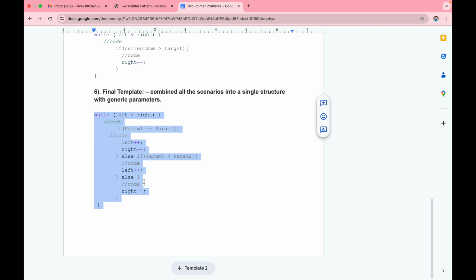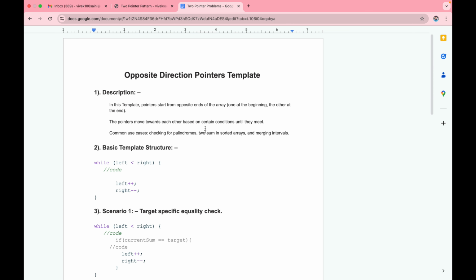We will just copy this structure from here and directly put it in our problem solving editor, and then we will modify it according to the requirement of our problem, and in that case we will be able to achieve our target. So here we understood how this opposite direction pointer template will work and how many scenarios we have.